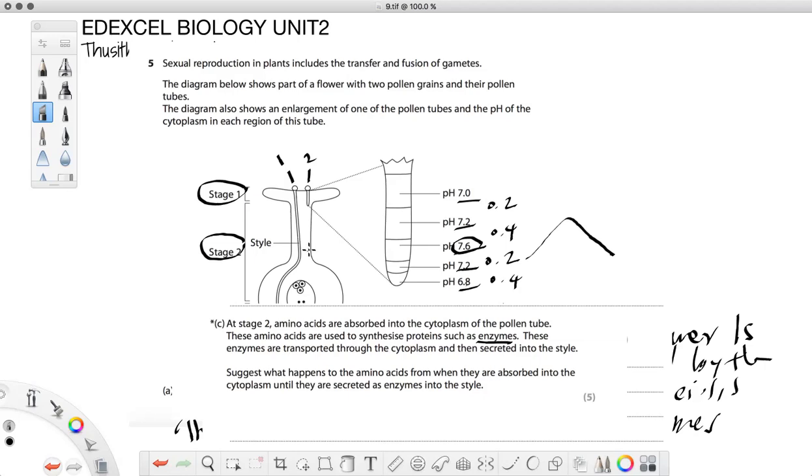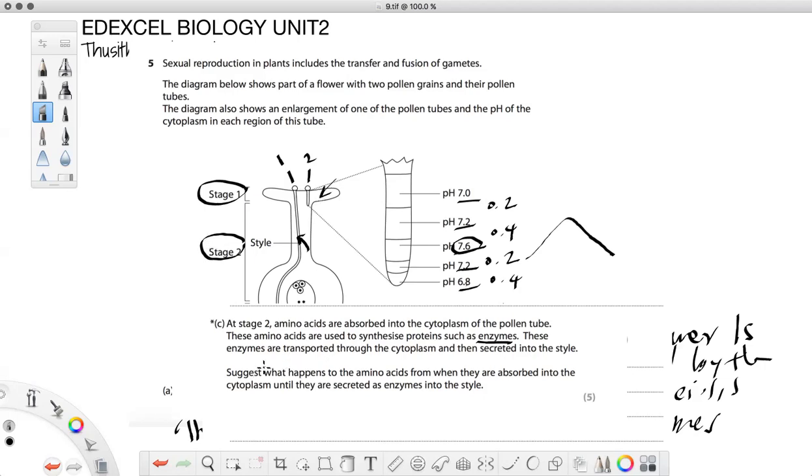Then they absorb amino acids, and these amino acids are used to synthesize enzyme. These enzymes are transported through the cytoplasm and secreted into the style. Secreted into the style means here.